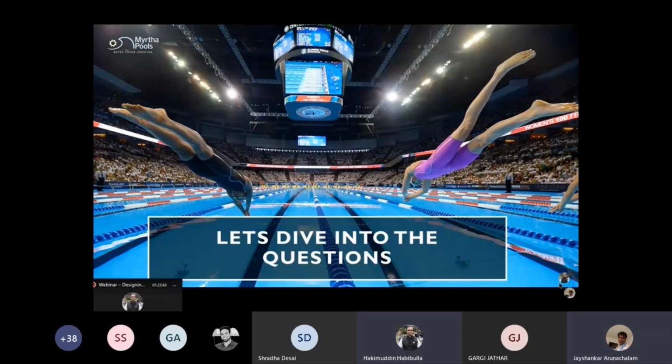What is a touchpad? This question was asked by Bushra. A touchpad is an automated timing system that is used increasingly now in India as well. On either end of the pool, it eliminates the use of handheld stopwatches, which is how it used to be done.